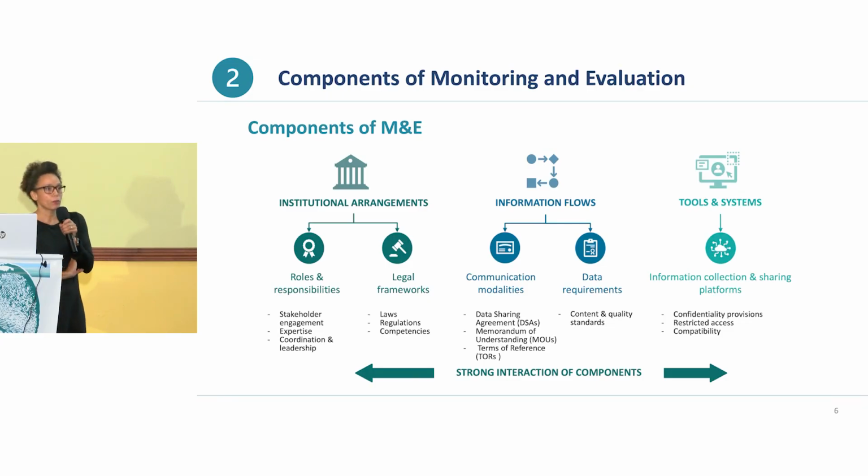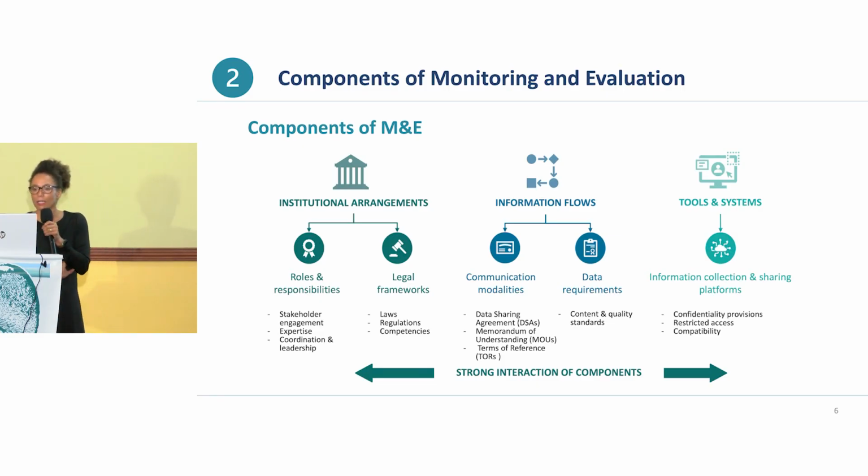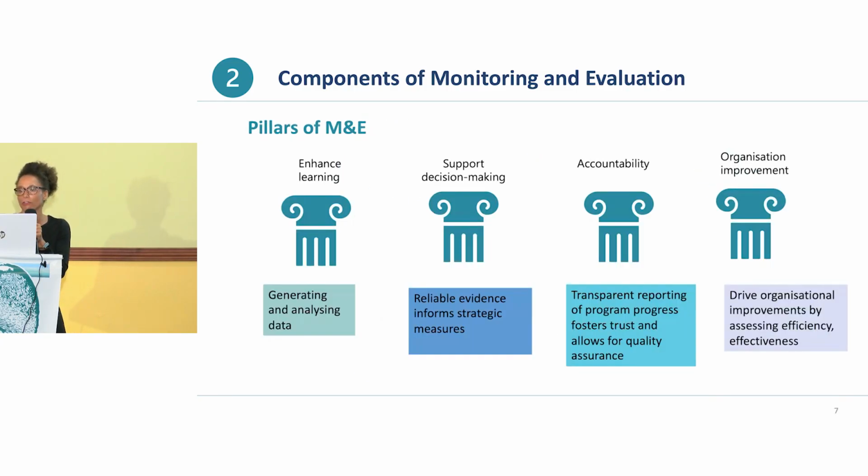Very important that we have data sharing, but not only data sharing, we must also have the capacity to understand the data and to act according to the data. So information collection and sharing platforms, as well as capacity training, are important tools and system mechanisms of the monitoring and evaluation.